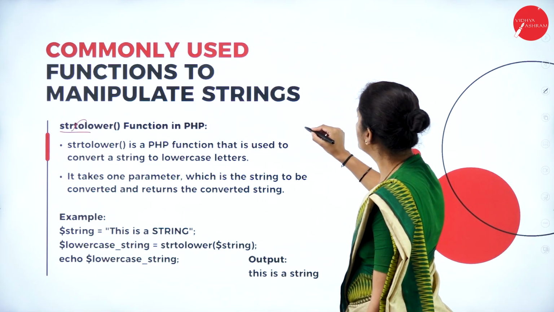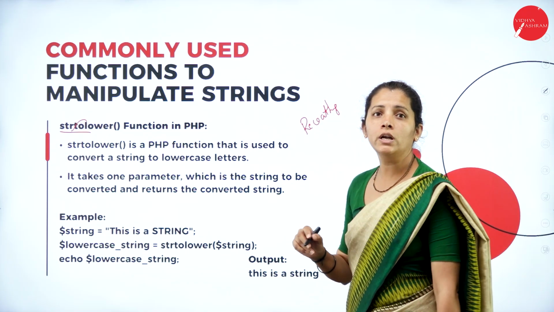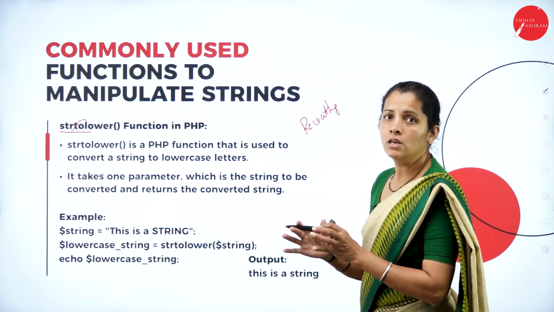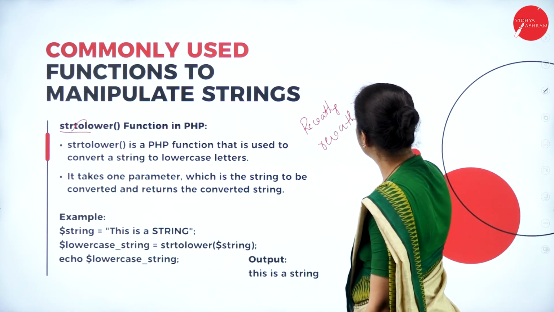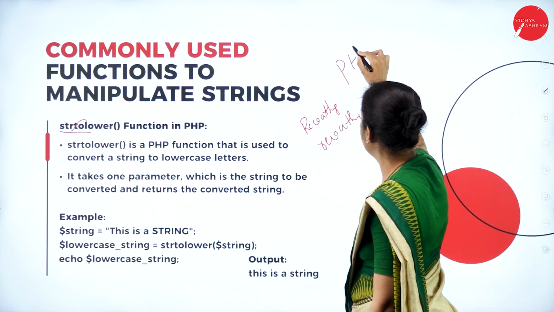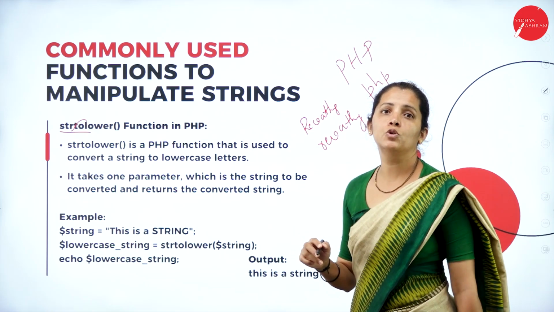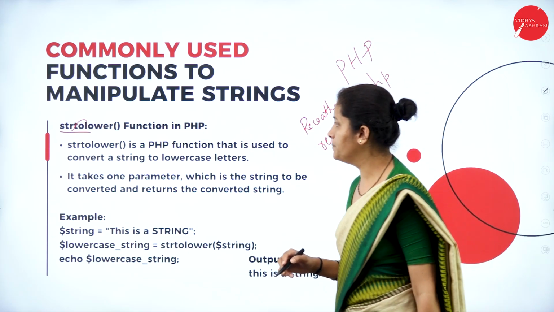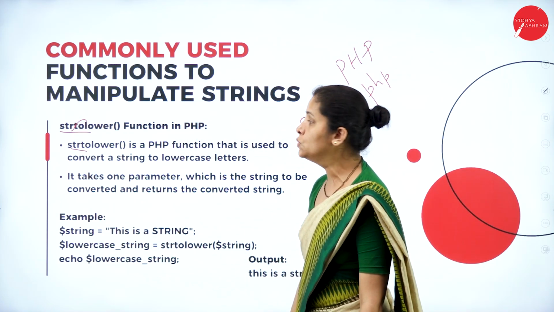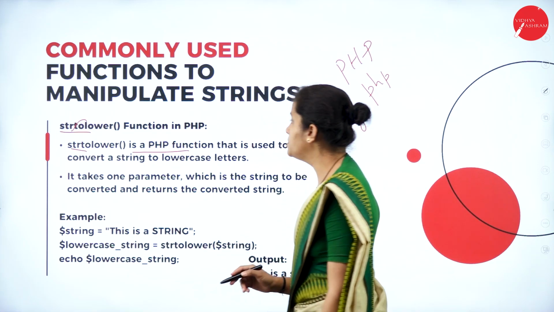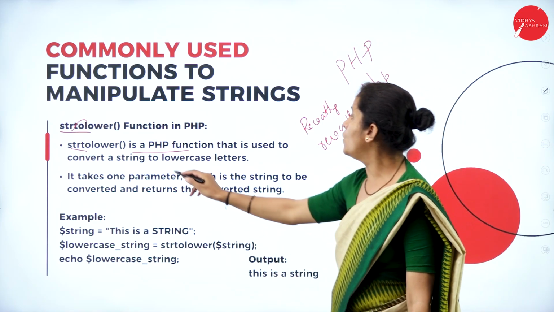For example, I have Revati. What do I want to do? I want to convert this into small letters, so I'll get revati in small letters. If I have PHP, after converting, what will I get? php. So I just want to convert uppercase to lowercase. So strtolower is a PHP function that is used to convert a string to lowercase letters.